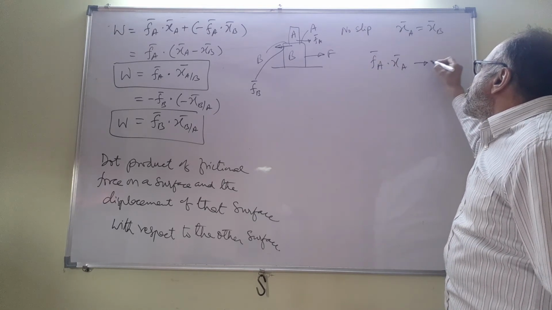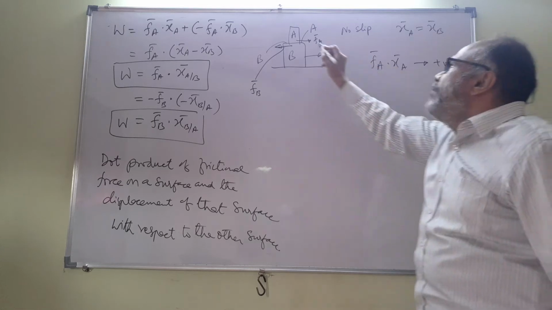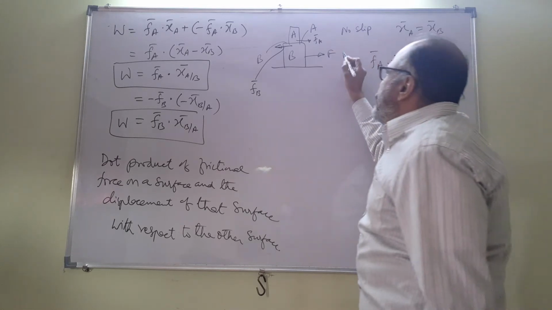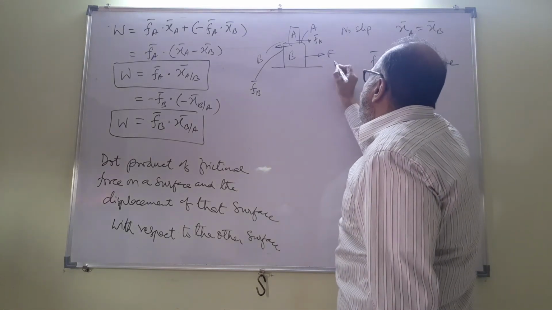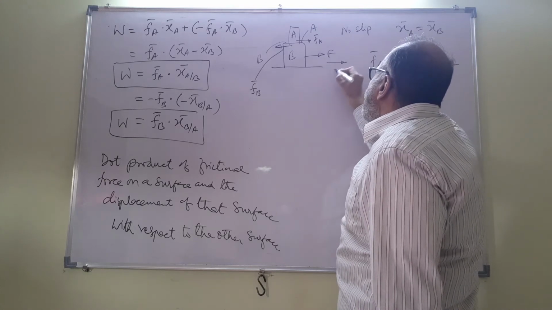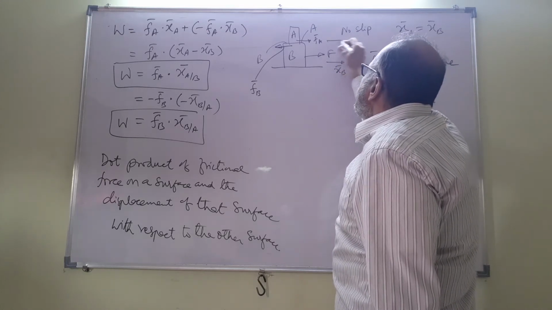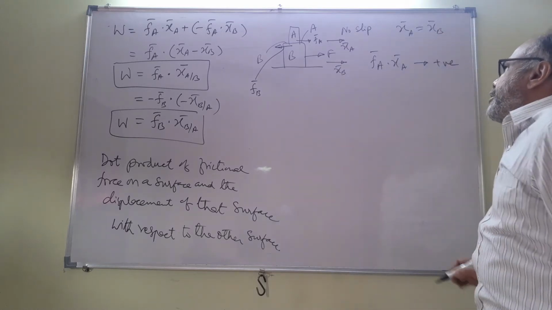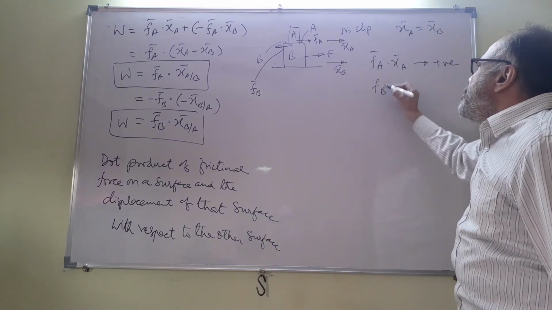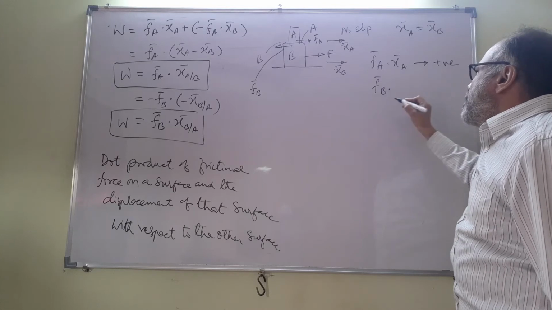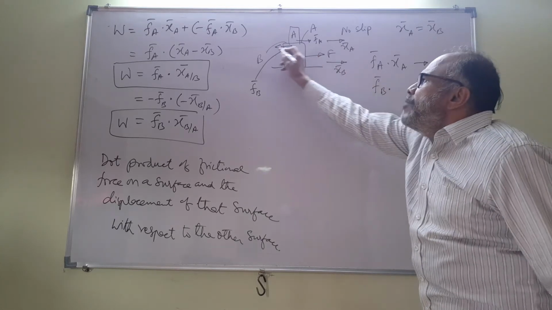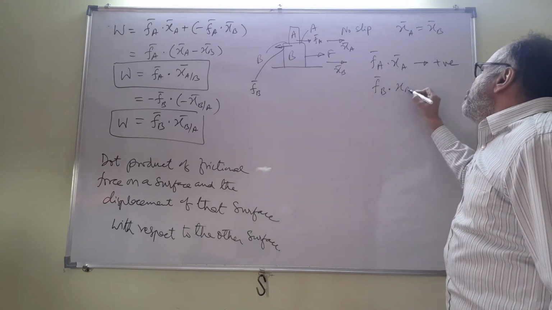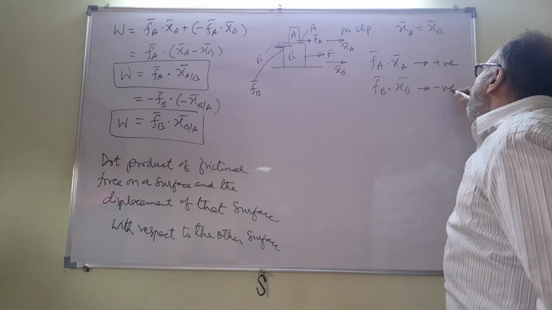It will be a positive quantity because the force is towards the right, and XB is like this, XA is also like this. Whereas the work on B would be FB dot XB. This would be a negative quantity.